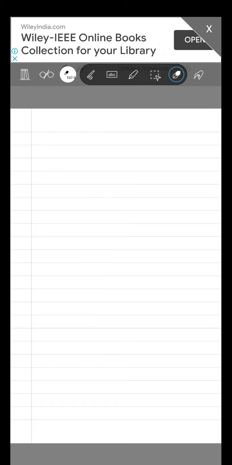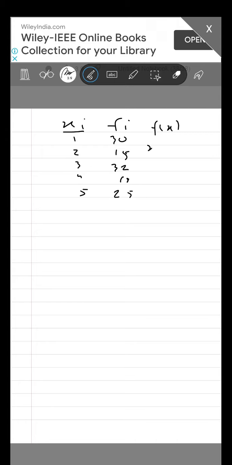We have been given the following values, that is xi and fi: 1, 2, 3, 4 and 5, and corresponding values are 30, 15, 32, 18 and 25. And we have been asked to find the value of fx at x is equal to 3.5. This is the initial problem.